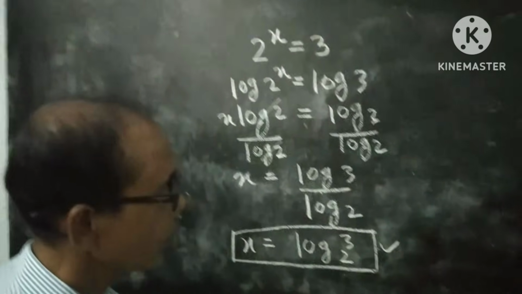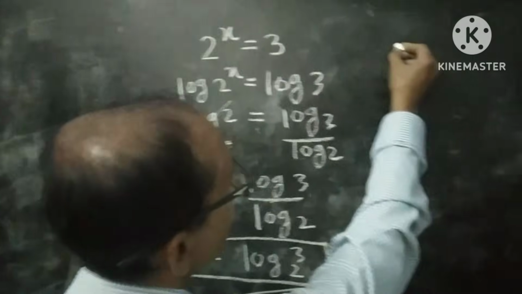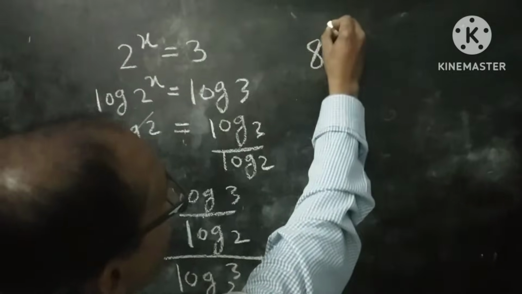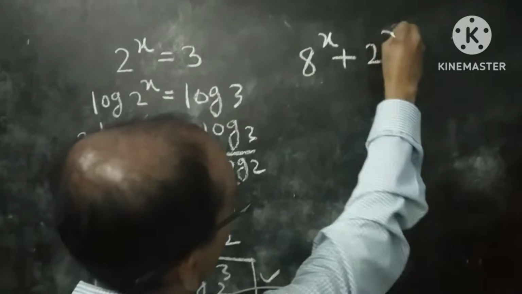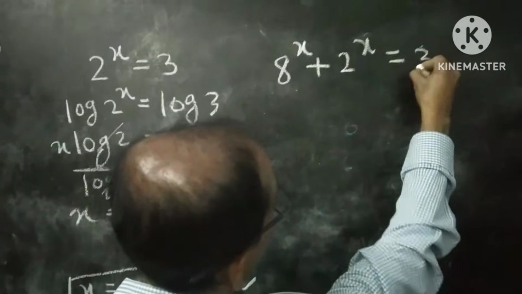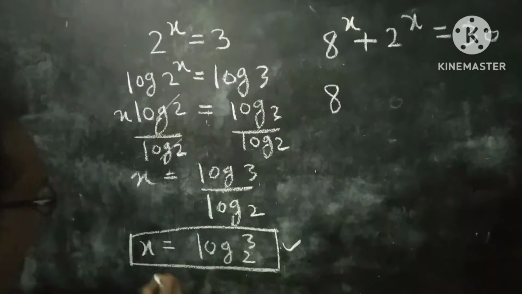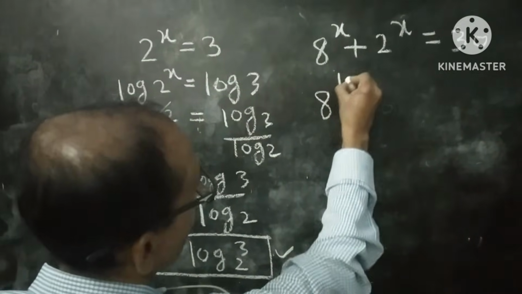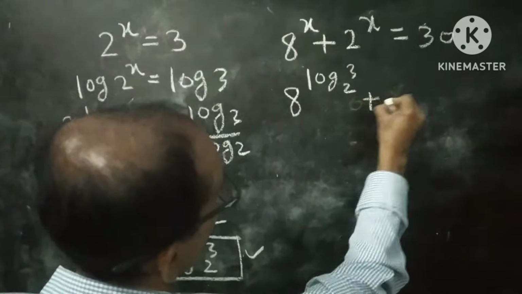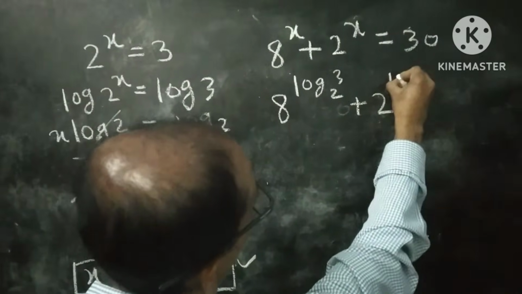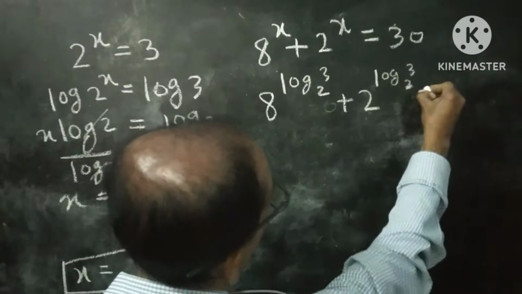Now we will verify whether it is true or not. So the question is 8 to the power x plus 2 to the power x equal to 30. We put the value of x: 8 to the power log 3 of base 2 plus 2 to the power log 3 of base 2 equal to 30.